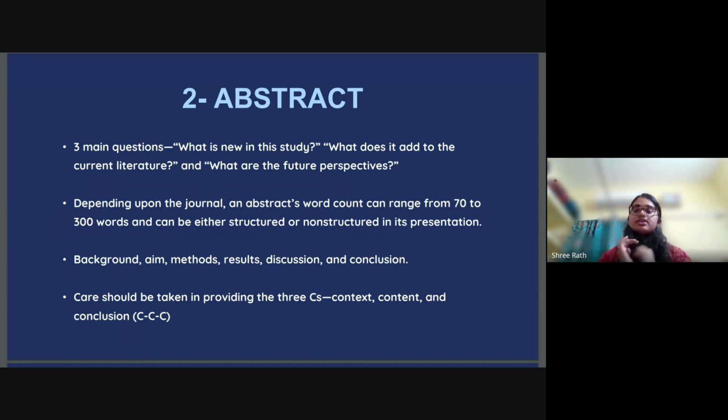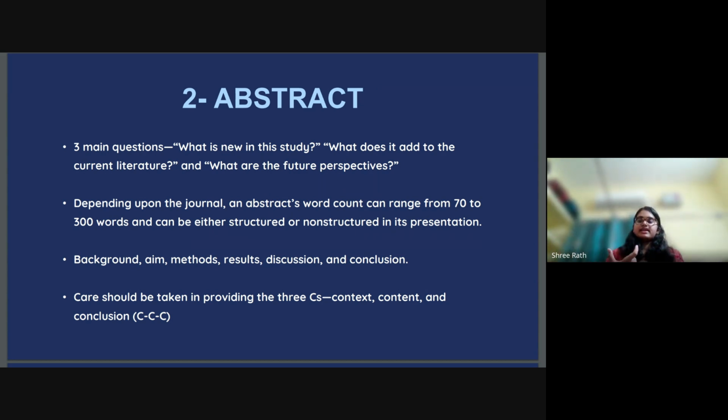So the abstract should ideally focus more on the results, but you want to convey it in a way that people get the entire gist of your manuscript. So again, the abstract depends on the journal requirements.